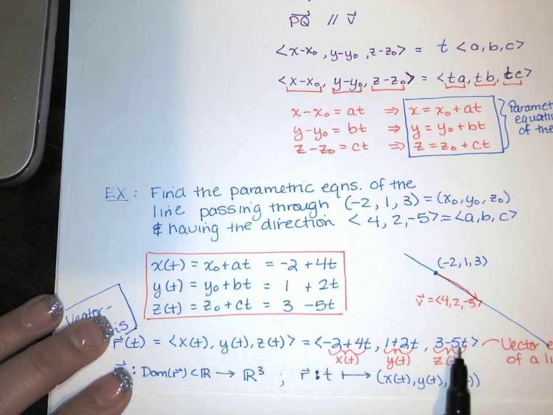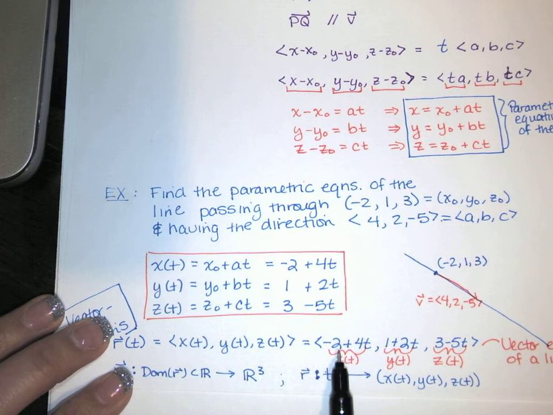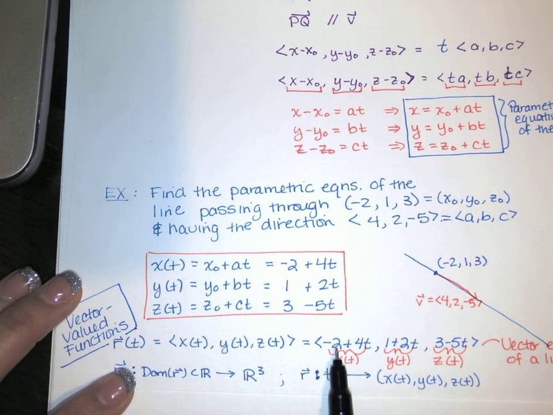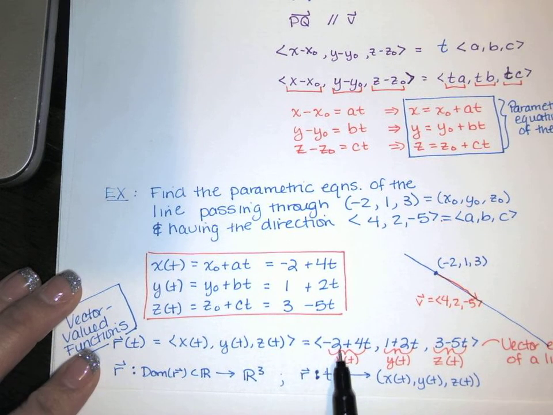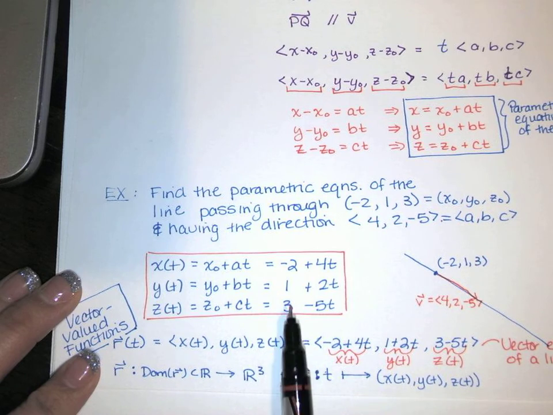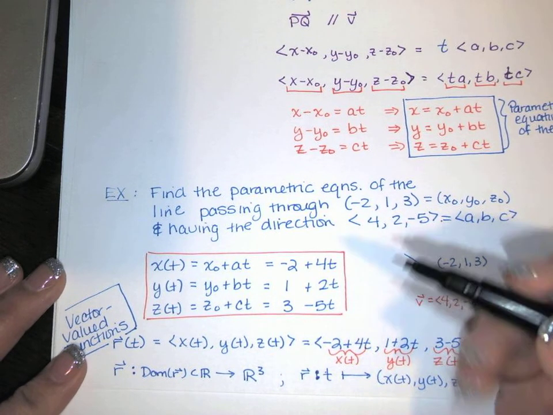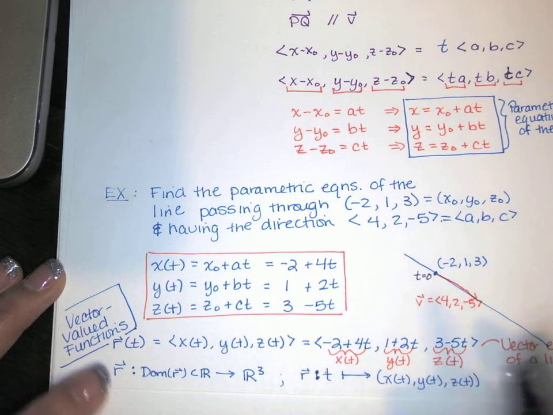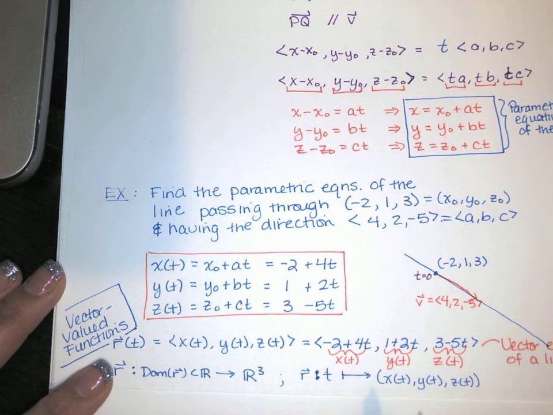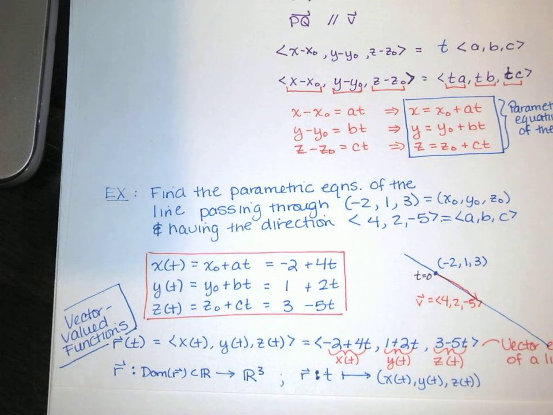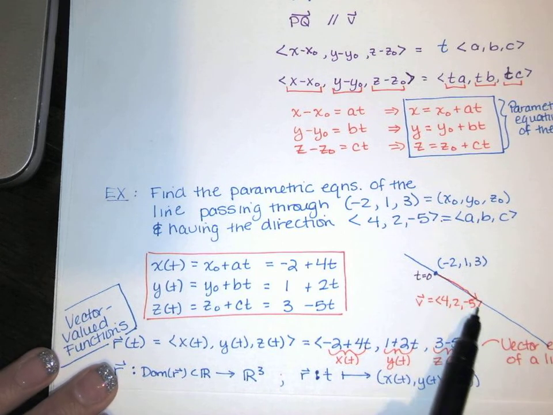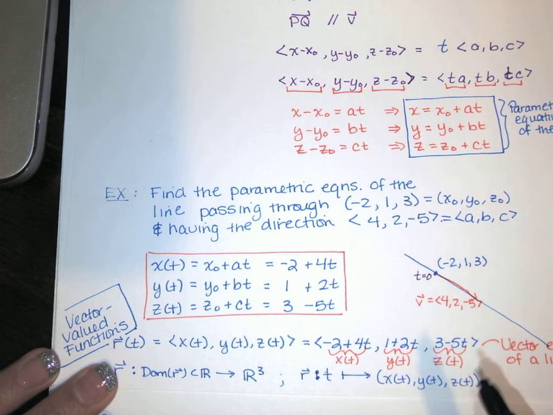So when time t equals 0, r of 0 is given by negative 2, 1, 3. That's that initial point. So at time t equals 0, if there's a particle traveling along this line in space, it's right there at t equals 0. And then you say, okay, well, where is it 1 second later? Well, 1 second later, it's going to be at the end of v.